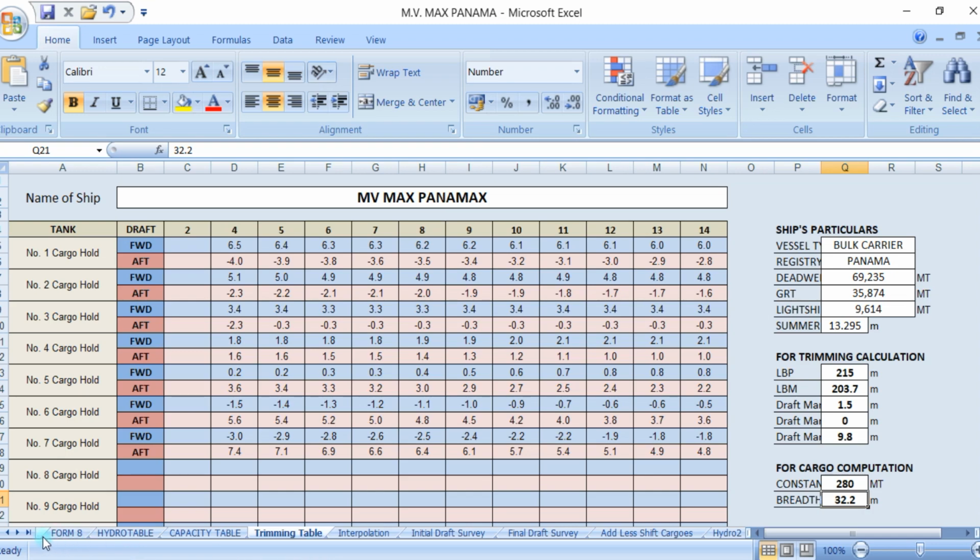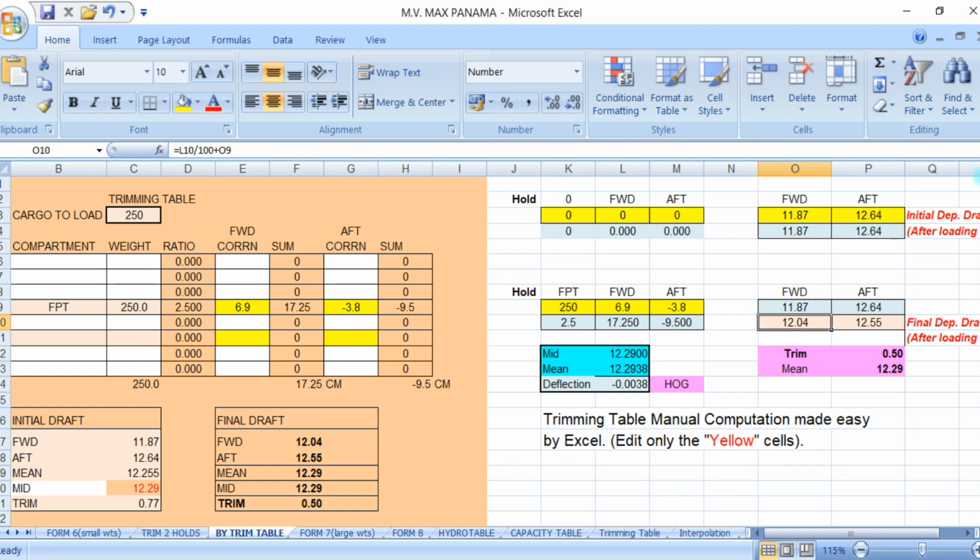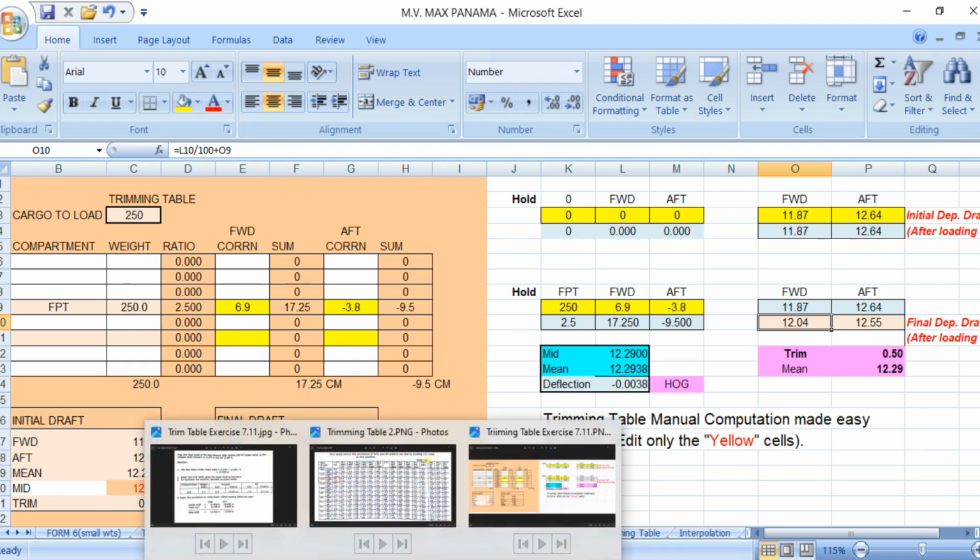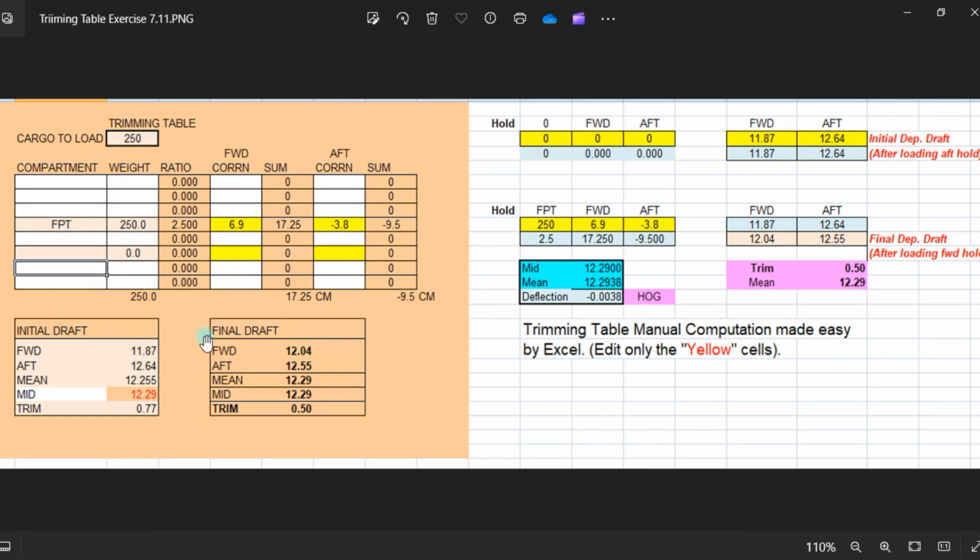So you can use this one. This is the initial draft, and then this is with the final. This is one program of the trimming table. This is another solution of the trimming table. So I just put it in writing here, so it's easy for you to follow.